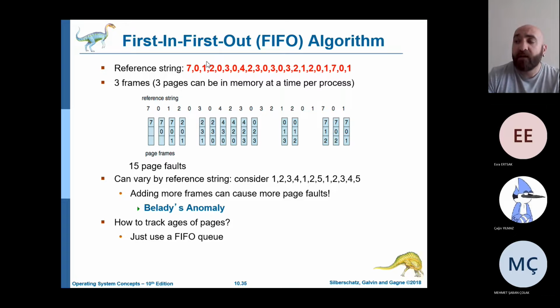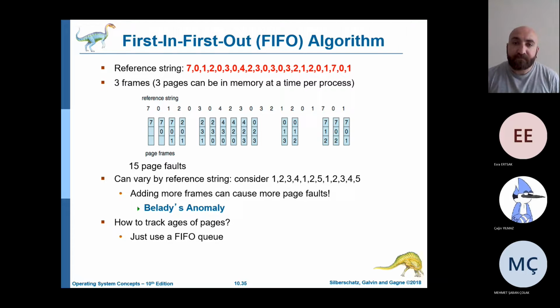On the next step, our process demands page 0. Page 0 is already in memory, so we don't have a page fault here. So when you have a page fault, you are going to draw the frames and decide which page will be removed and which one will be written in.